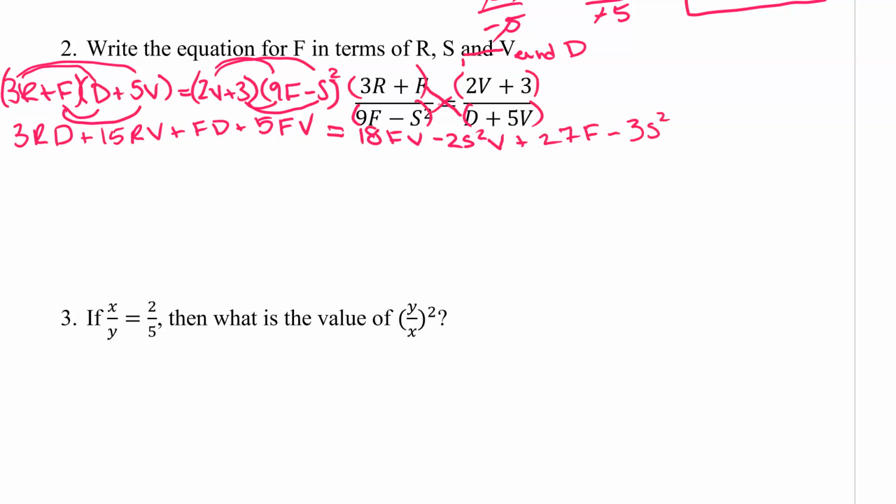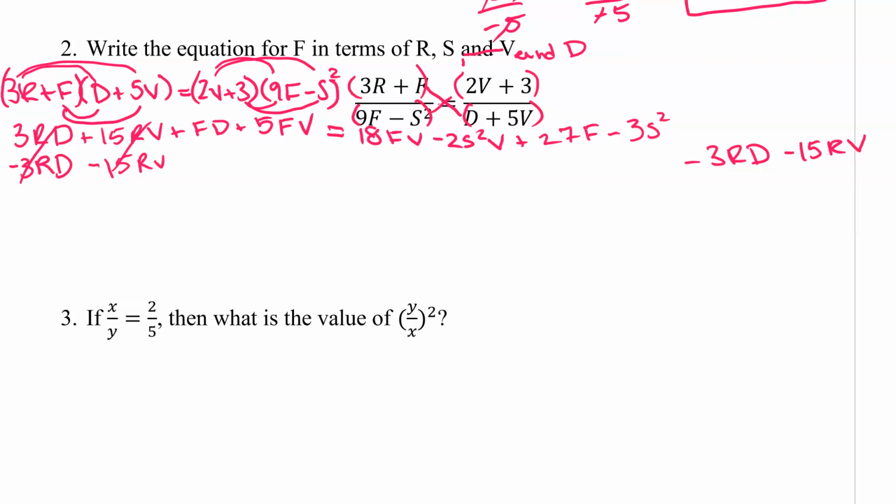All right, everything with an f is going to go to the right-hand side, and anything without an f is going to go to the left. So I've got 3rd, no f, so I got to move that by subtraction. No f with my 15rv, so that's going to move. So these two are getting out of town.